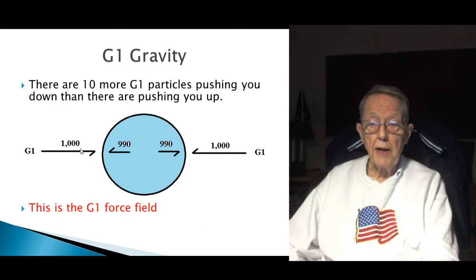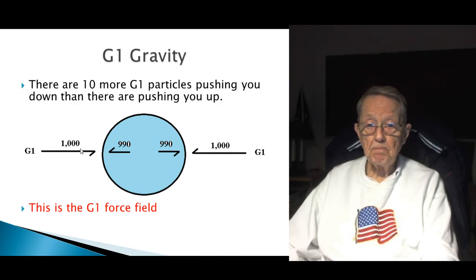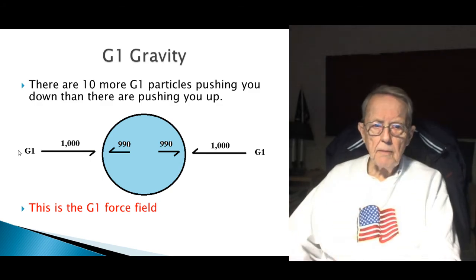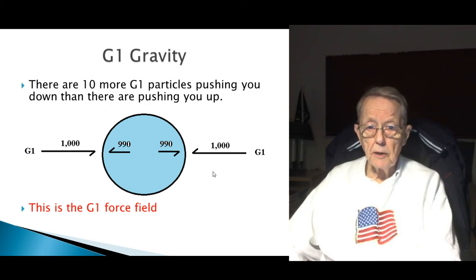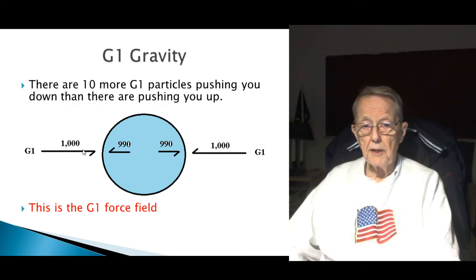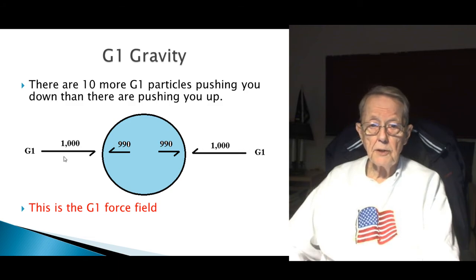Now, G2 gravity. This is the slide I showed when I explained two gravities. What the picture shows is that there are G1 particles coming to the Earth from all directions, three-dimensionally, but I'm showing two opposing streams. This has 1,000 coming in, this has 1,000 coming in.